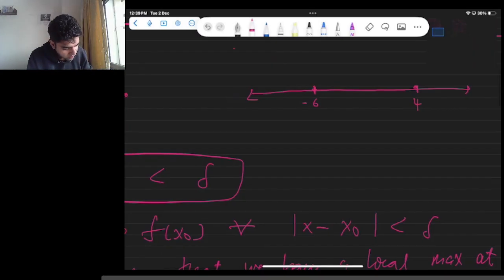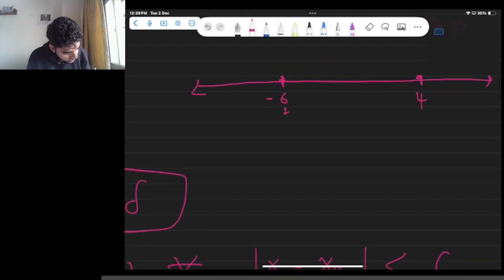So if I have 2 points, this is my x naught and this is my x, there are 2 ways to find the distance here, right? The first method is to subtract x minus x naught, which can be 4 minus -6, which will be 10.